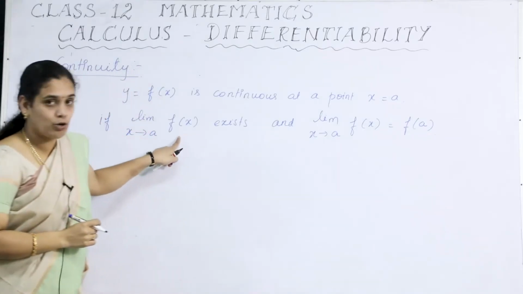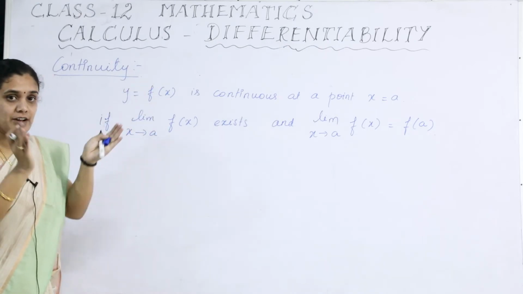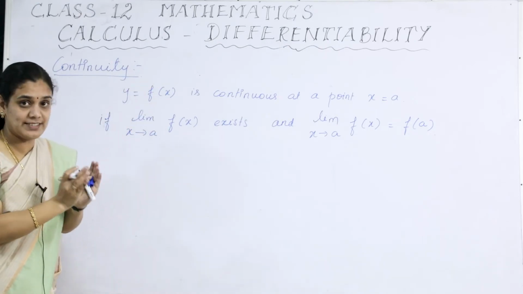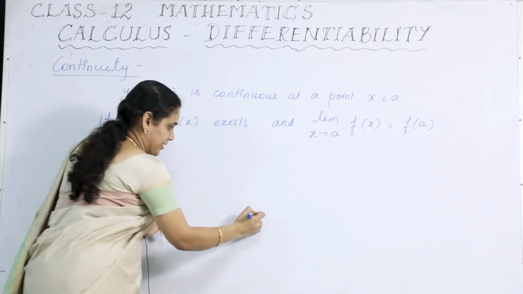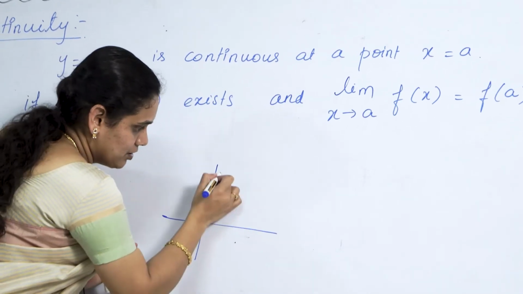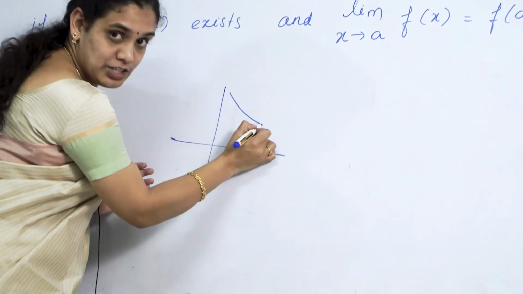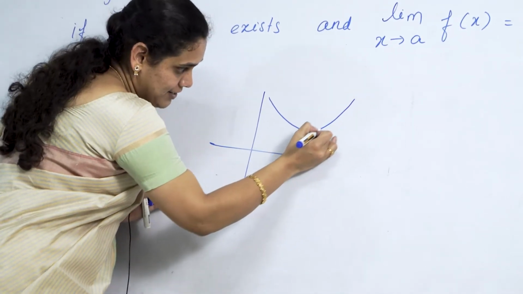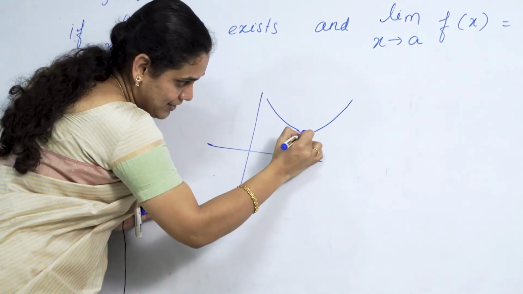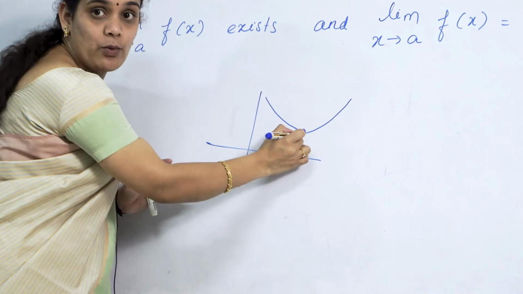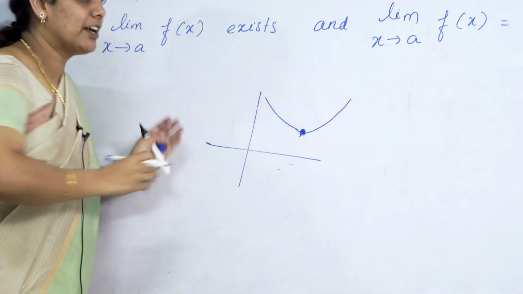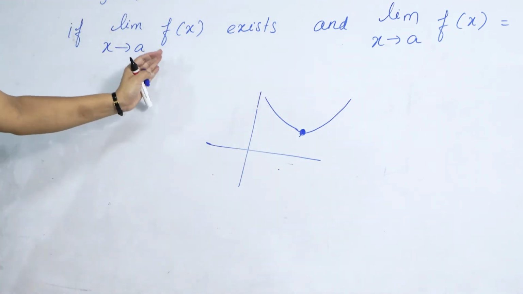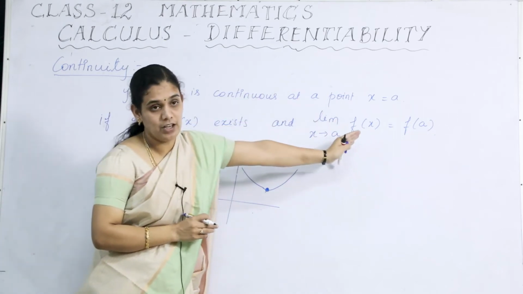The limit should exist, that is, the right limit and the left limit should both approach the same value. Suppose in this graph the left limit approaches the same value and the right limit also approaches the same value, and the value at this point is also equal, then all coincide. Then only we say that the function f(x) is continuous at this point x equal to a.